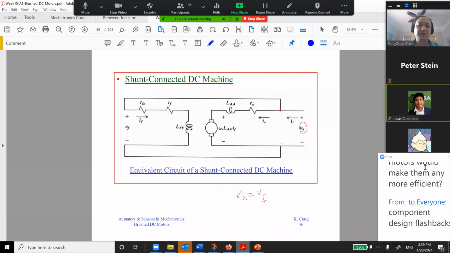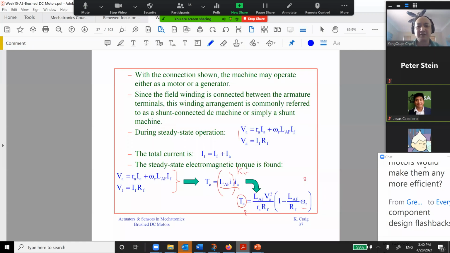What if we do the shunt connected DC motors, okay? You can see the same VA will do this excitation, and also in parallel, we provide that. This is called the equivalent circuit for the shunt connected DC motors. So the characteristic is different, okay?